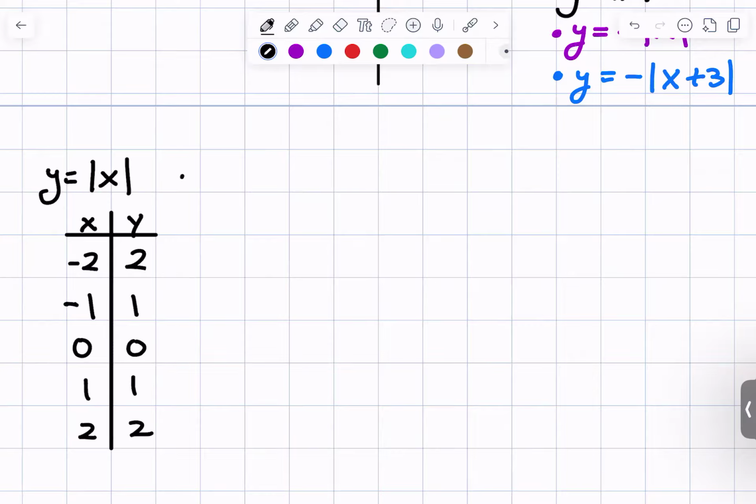Now this is being transformed to y equals negative absolute value of x, right? We already described it as a reflection over my x-axis. So if it's a reflection over my x-axis, what changes? My x values or my y values? My y values would change, correct?